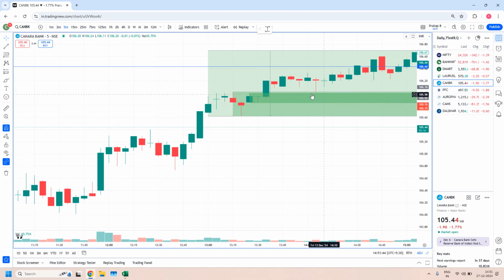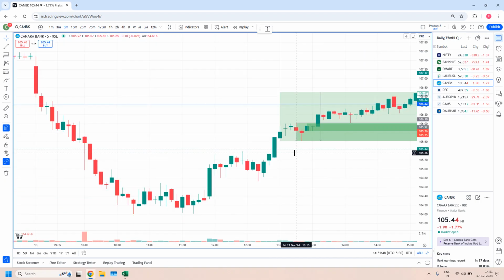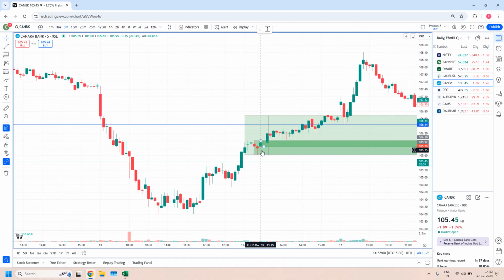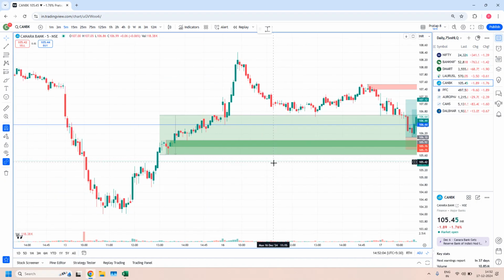That way I thought maybe there is a strong institutional order flow in this area. Generally, when prices move again, institutions may add new order flows in this area. That possibility is also there. First of all, this 5-minute zone is a fresh zone, not a tested one. And risk is also very small in this area.